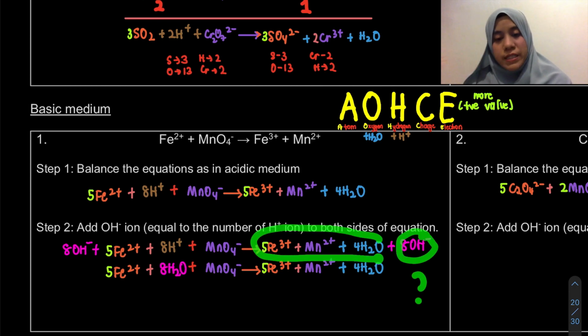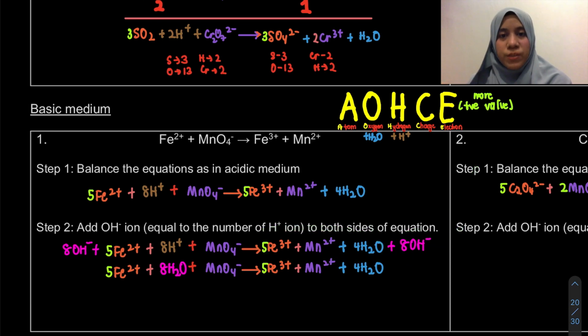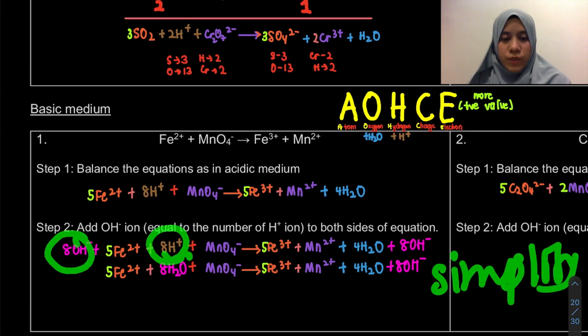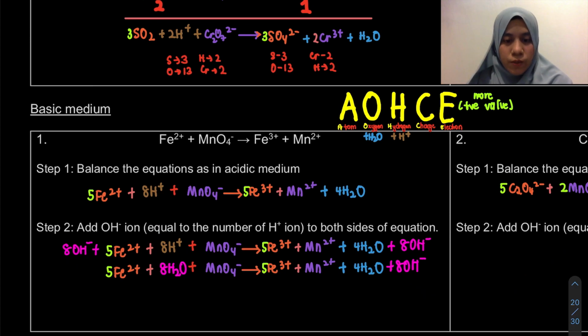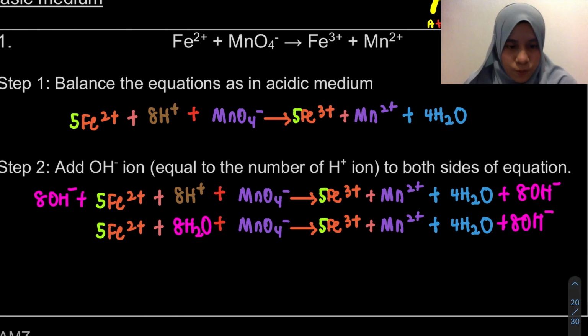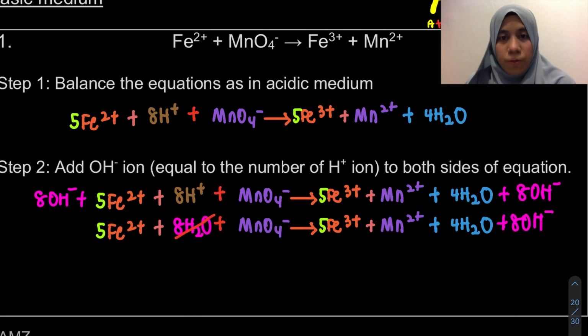But on the product side ni, OH minus tak ada OH plus kan? So we can't combine ataupun simplify it. Okay, so ini I'm just going to write down balik OH minus. Okay, next we simplify the equation. Okay, so for this equation kita tengok ada tak yang mana-mana yang the same species. Okay, so as we can see here, ferrum tak ada, tapi apa yang sama is actually water. Okay, so water ni on the opposite side.